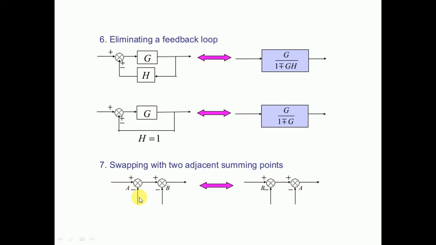Suppose x and y are there, x minus y minus some z is equal to x minus z minus y. So in both cases the output will be the same. So you can swap summing points. If there is no block connected in between them, you can simply swap whatever you want. So I think you learned some rules which are more than enough to reduce any block diagram.